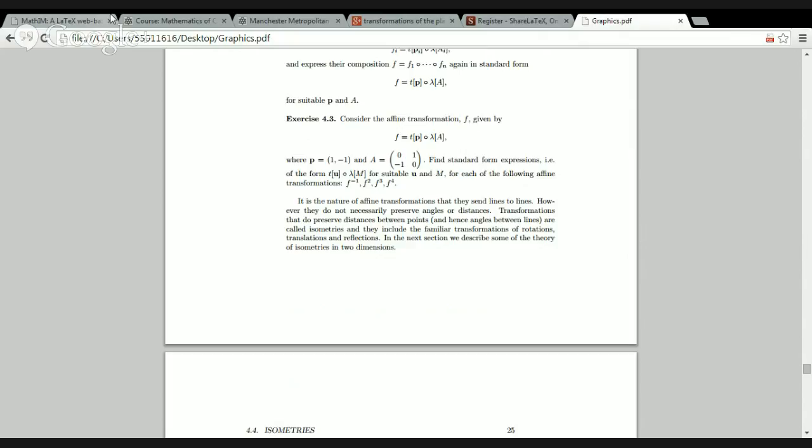That means for every pair of vectors x, y in the plane, the norm of f of x minus f of y is the same as the norm of x minus y, and it also means the norm of g of x minus g of y is the same as the norm of x minus y. These are norms of vectors we're talking about here.